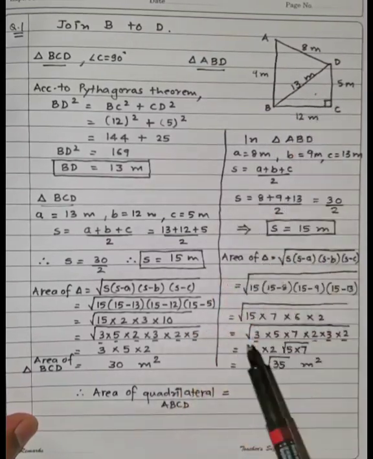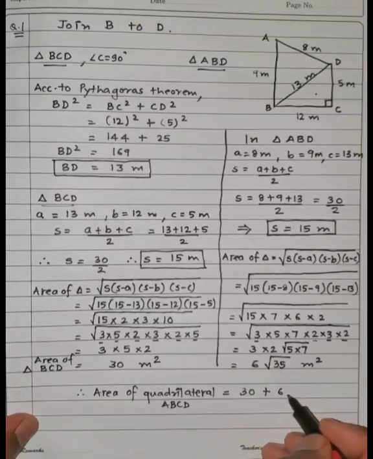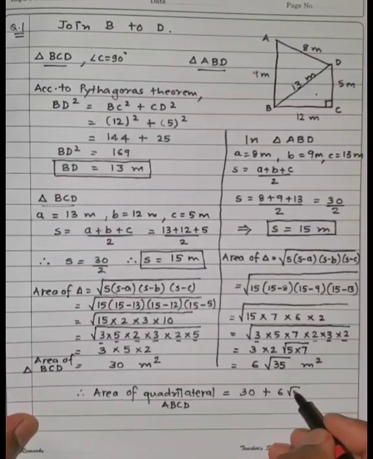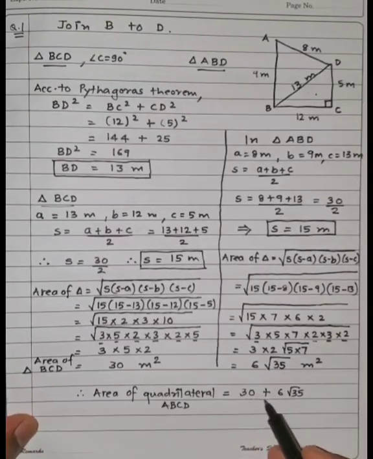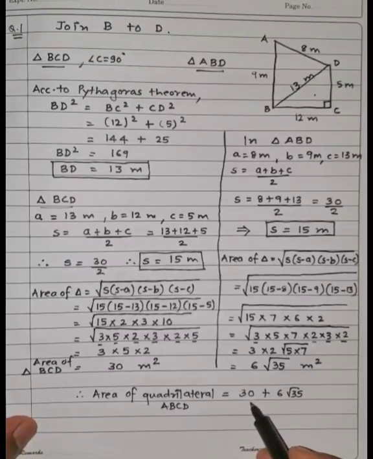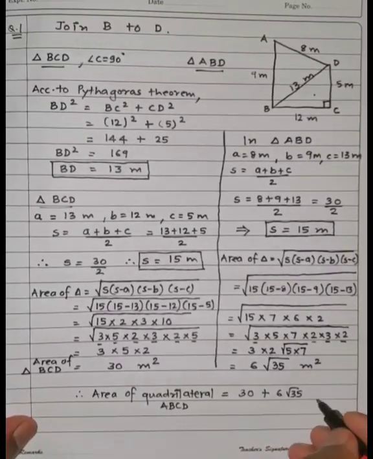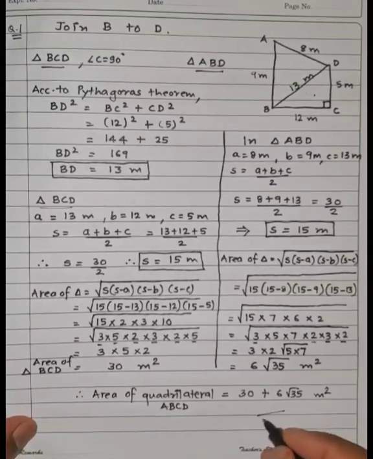So the first triangle was 30 meters square plus 6 root 35. Since these are not the same kind of numbers, they cannot be added. So the final answer would remain as 30 plus 6 root 35 meter square.